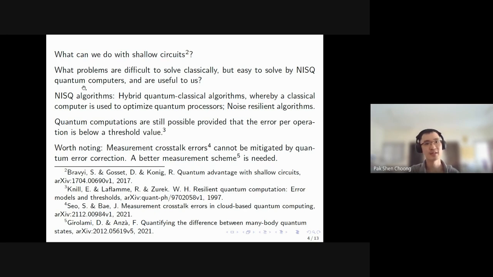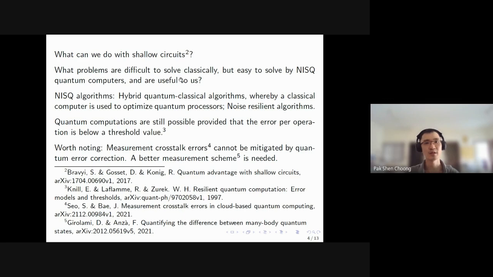So then, in this next era, we also consider what kind of problems are difficult to solve classically, but we can use NISQ computers, and the solution is actually useful to us. And then the third one is the so-called NISQ algorithms, meaning that we don't rely on putting everything into quantum computers, but instead we are doing some hybrid quantum and classical algorithms.